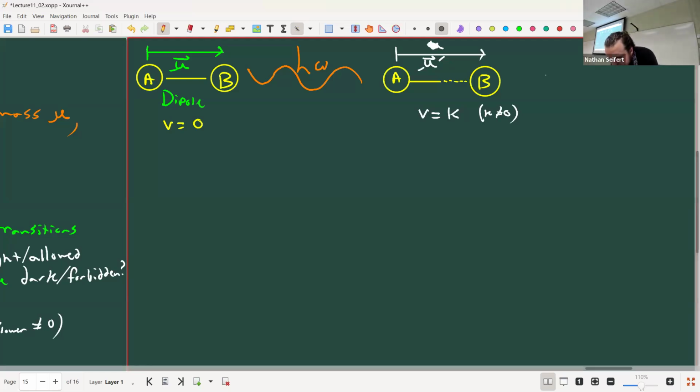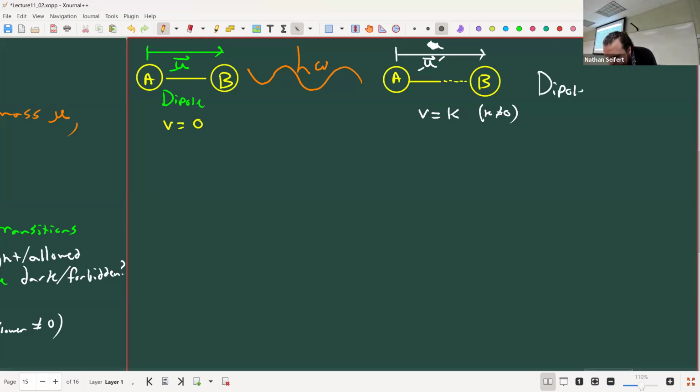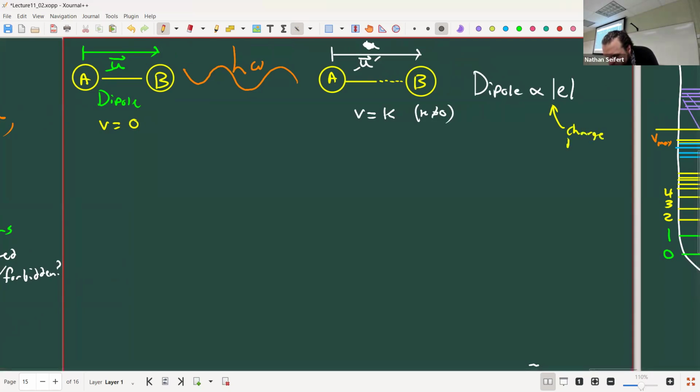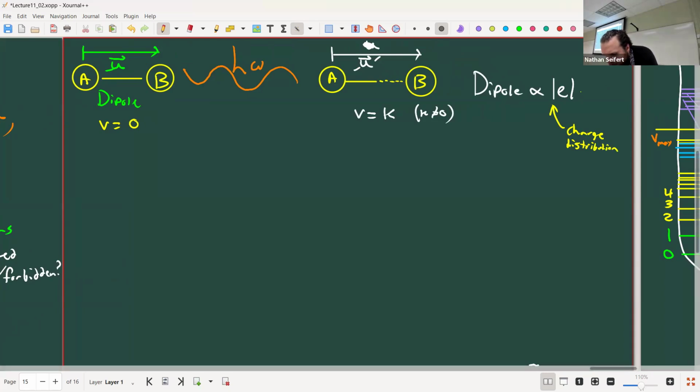So if a dipole is proportional to the charge distribution, we'll write an E, the strength of the charge distribution, times R, the displacement between the two atoms. So as you change R, stretch the molecule, the dipole is going to change. It may change, it may not, but it's going to probably do something.